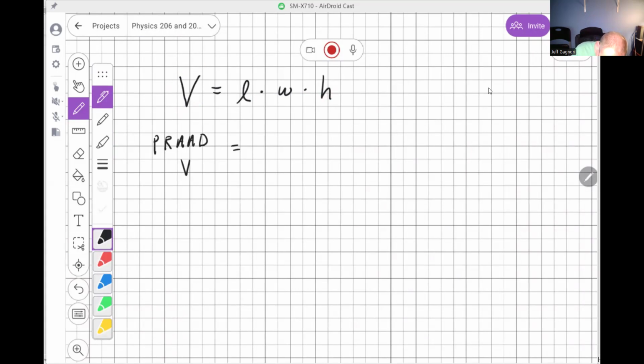So in this case, the answer would be the PRAD for length plus the PRAD for width plus the PRAD for height. And that will equal the PRAD for the volume. Okay, so once you find the PRAD for length, width, and height, which you have in the previous tables, right? You already computed those, just add those three percentages together, and that will be your PRAD for volume.